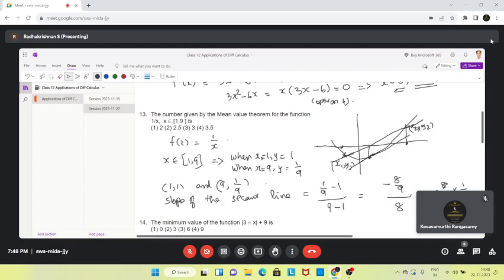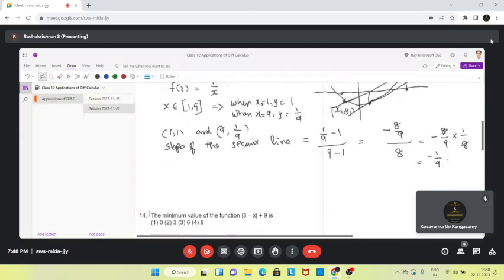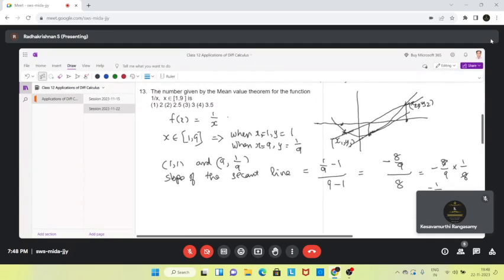So now we have to find out the point on the curve where the slope is equal to minus 1 by 9. So how can we find out what is the slope of the line? It is f dash x, f prime x. So what is f prime x?